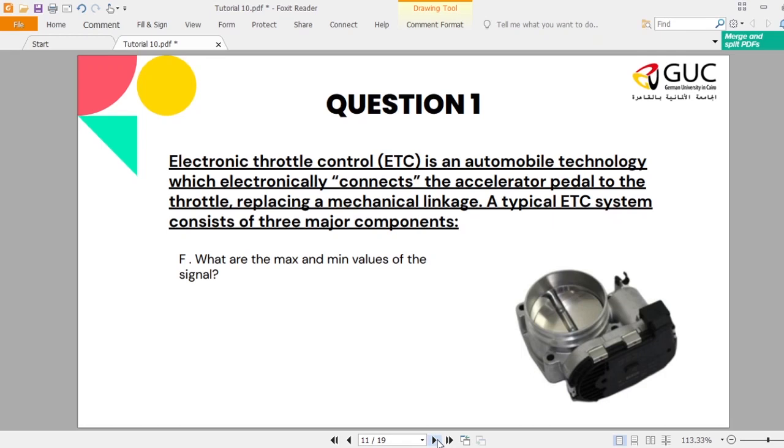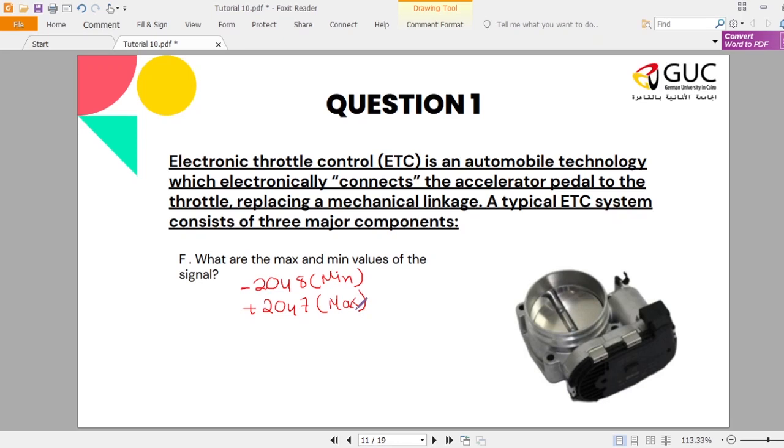Now, we said that the raw values are negative 2048, which is the minimum value, and positive 2047, which is the maximum value, right?